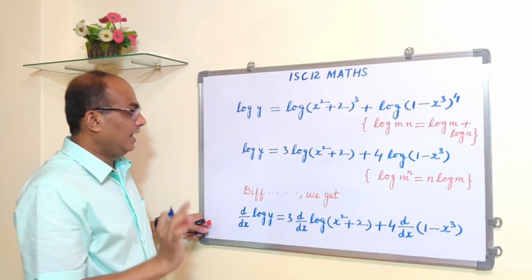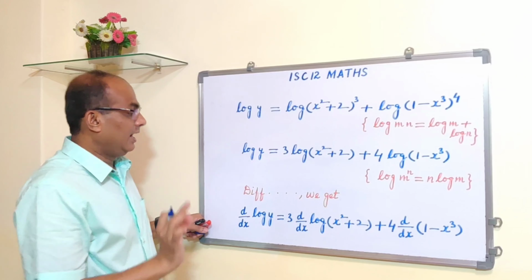Now see, actually the function is in y, and we are going to differentiate with respect to x, which we cannot. So we should write d/dy of log y into dy upon dx. So d/dy of log y becomes 1 upon y, and dy upon dx.